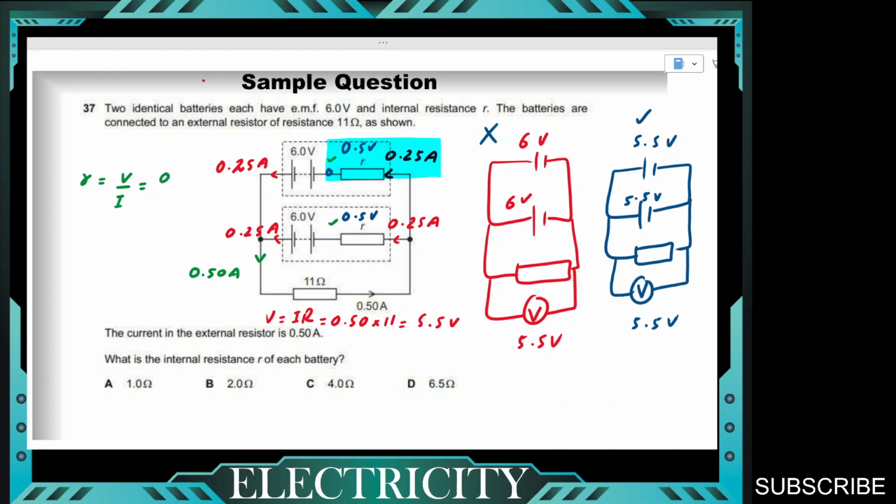So 0.5 from here and 0.25 from here. So 0.25 is basically 1 over 4. That 4 would be shifted upward and you will be left with 0.5 times 4 would be 2. So if you hit it on the calculator, I think you're going to get the answer 2.